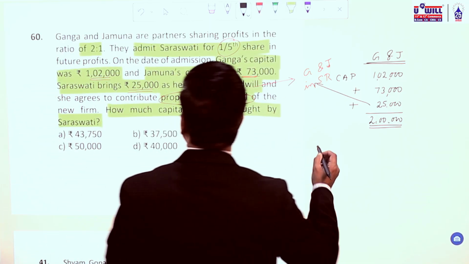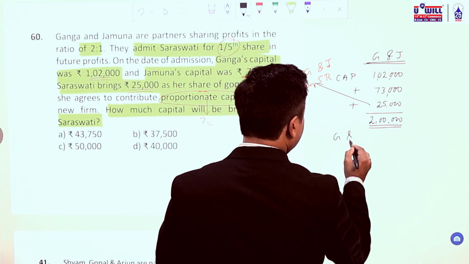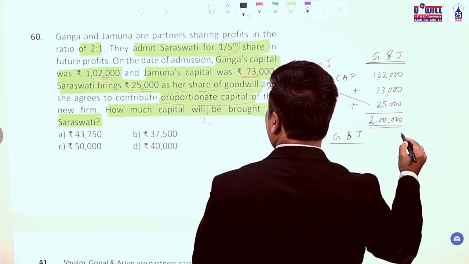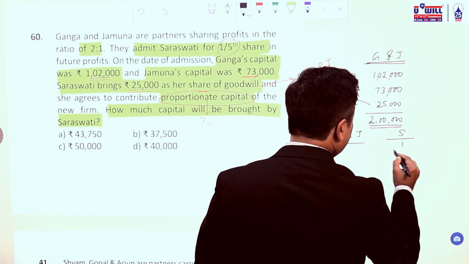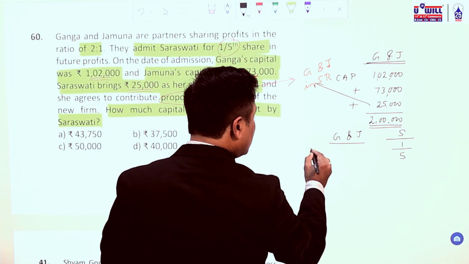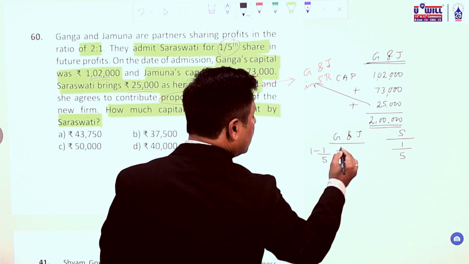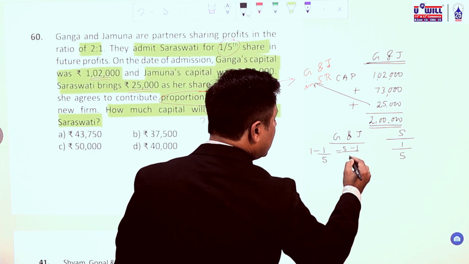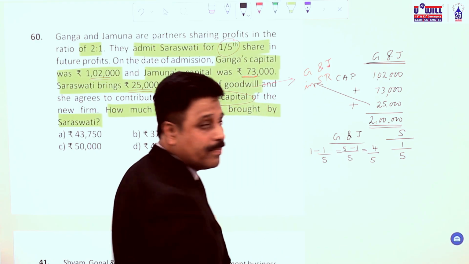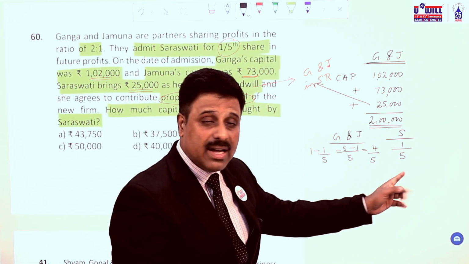Now understand this. When Ganga and Jamna get 4/5 in the share, the new partner Saraswati gets 1/5. If Saraswati gets 1/5, then Ganga and Jamna's share is 1 minus 1/5, which is 4/5.